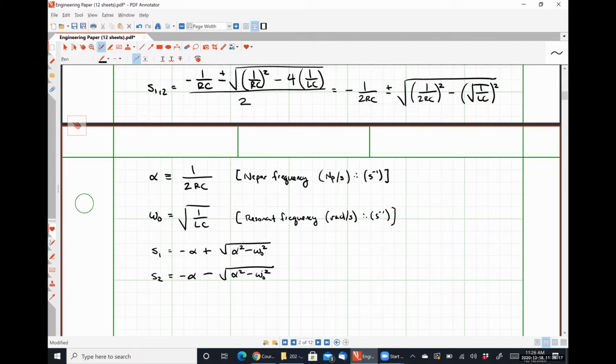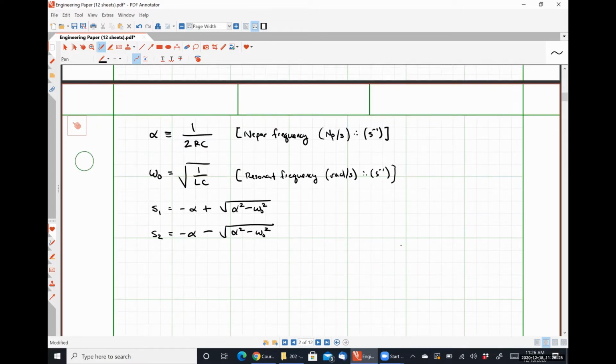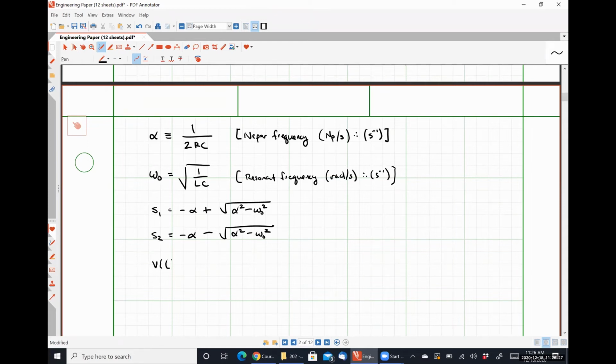Now that we know the eigenvalues of the system, our generic solution, v of t, will be of this form: A1 e to the S1t, so that's one solution, and A2, so a different initial condition, e to the S2t, is also a solution.